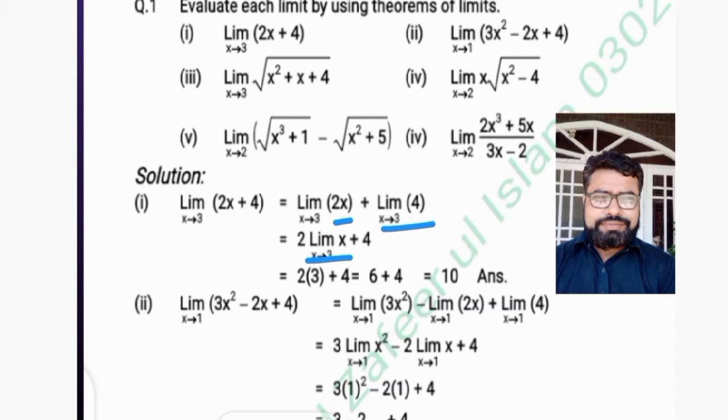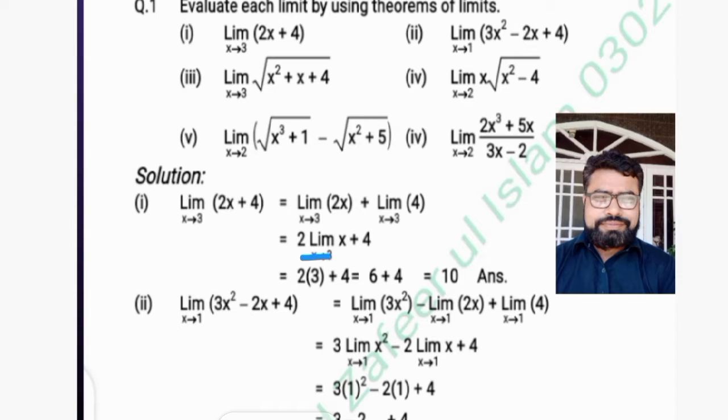As there is no variable, 4 is a constant, so we cannot put the value of x. Limit is basically the value of that variable. As there is no x, so we cannot put the value of x, so 4 will be written the same.